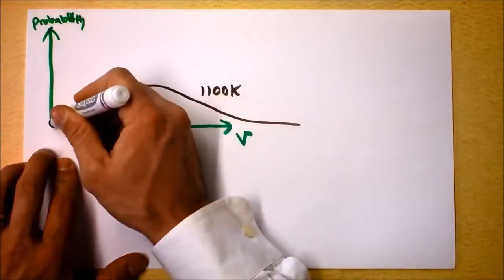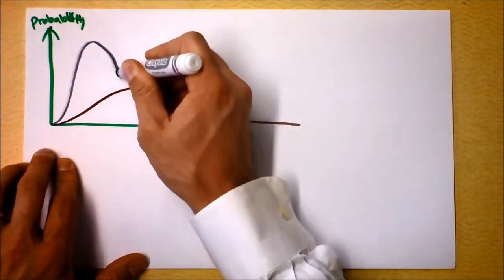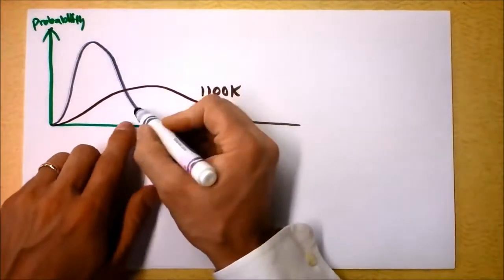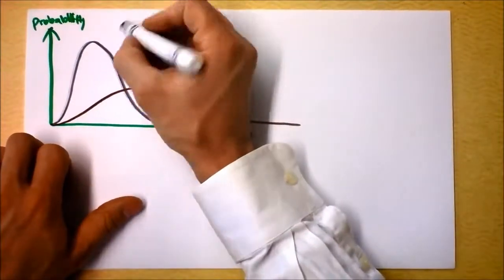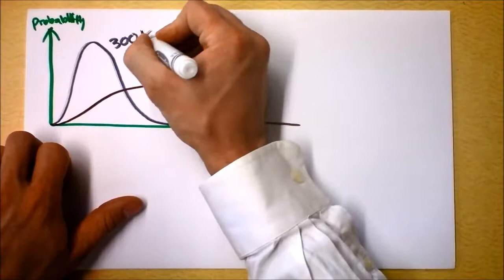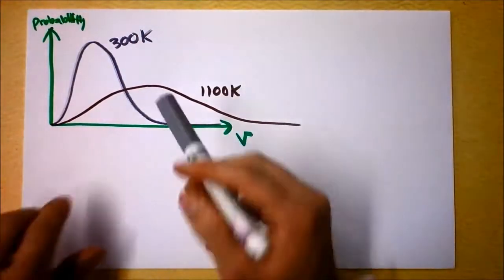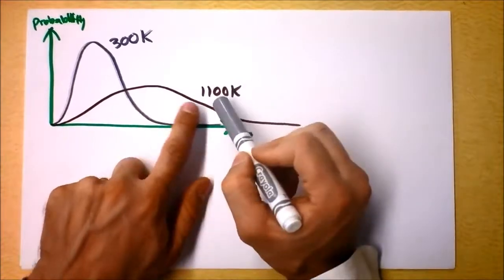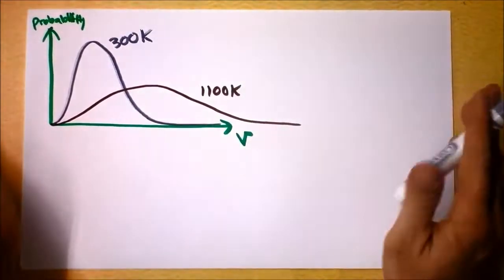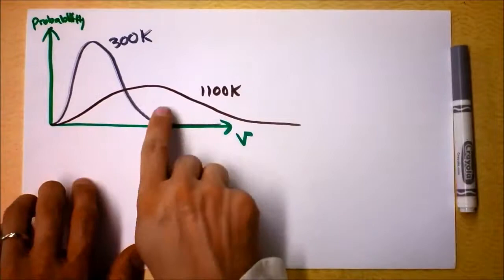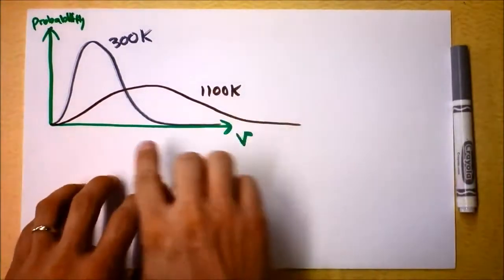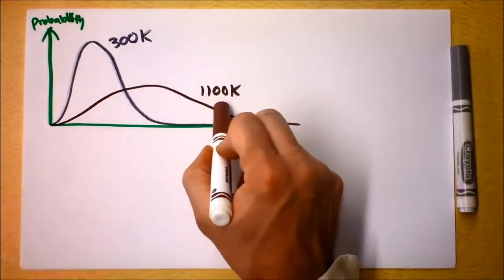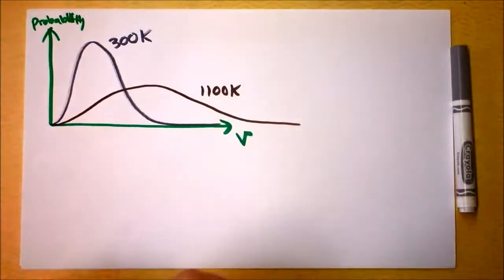But the interesting thing that I'd like to point out with this graph is that there are some particles in the gray, which might be room temperature gas, that are going faster than some of the particles in the hot gas. And that's okay. But I'm just saying it's more likely that any typical or average particle is going faster with a hot gas than it is for a cool gas.